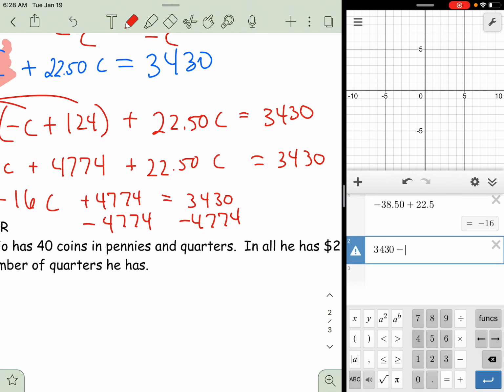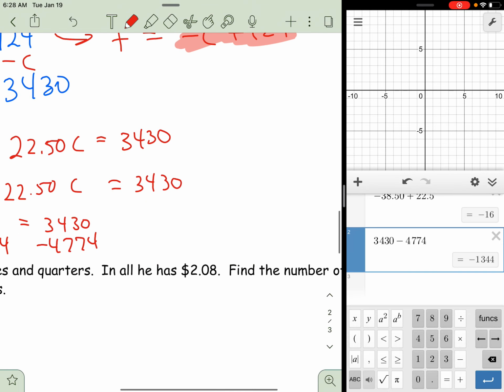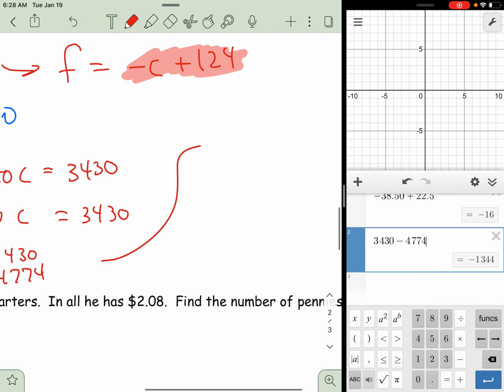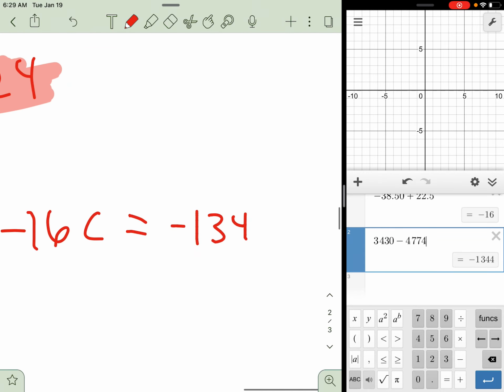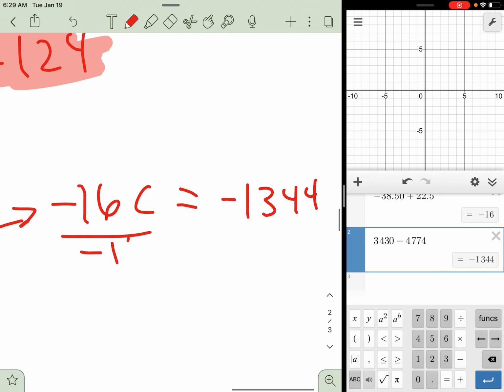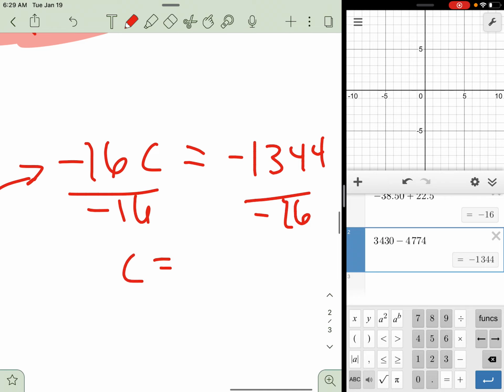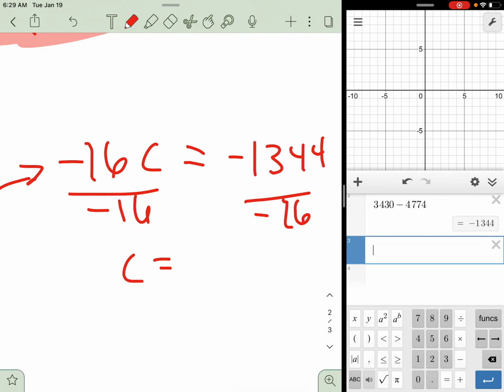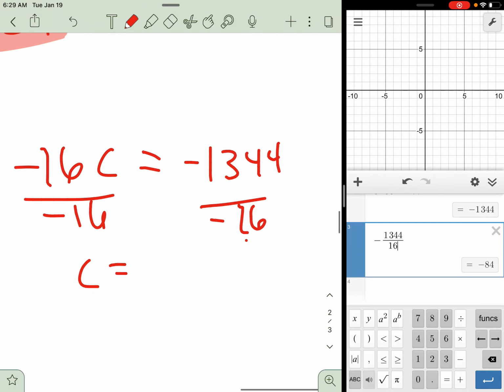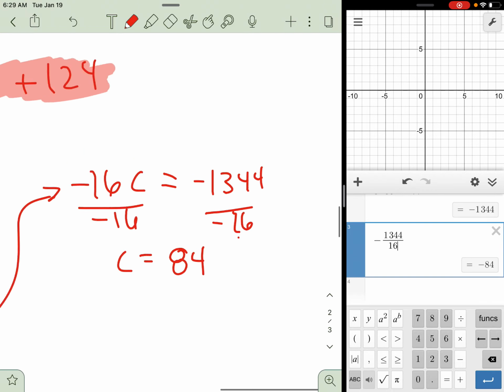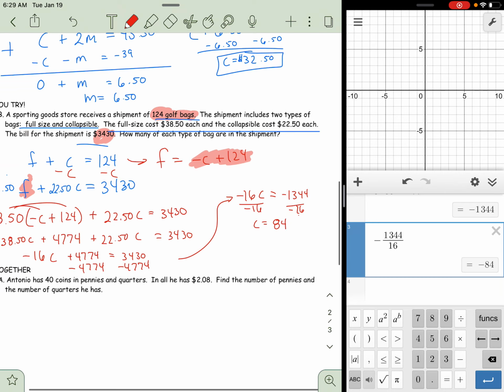Okay, so 3430 minus 4774. Okay, so negative 16c equals negative 1,344, and then divide by negative 16. So c divided by negative 16 would give you a positive 84.